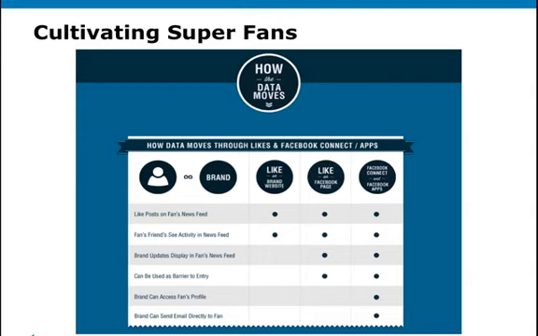And you can see all the different benefits that you're getting once you are able to connect with a customer using Facebook Connect. From accessing their profile and getting more demographic information on your fans, all the way to actually being able to email. You can contact your fans using Facebook Connect.